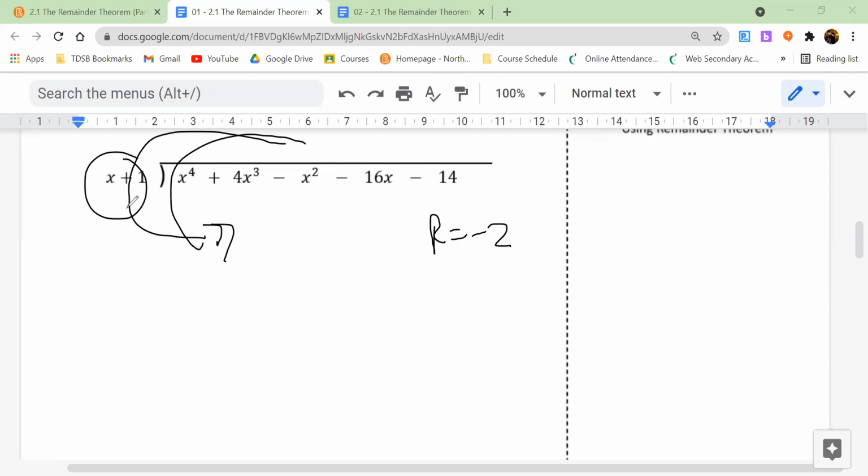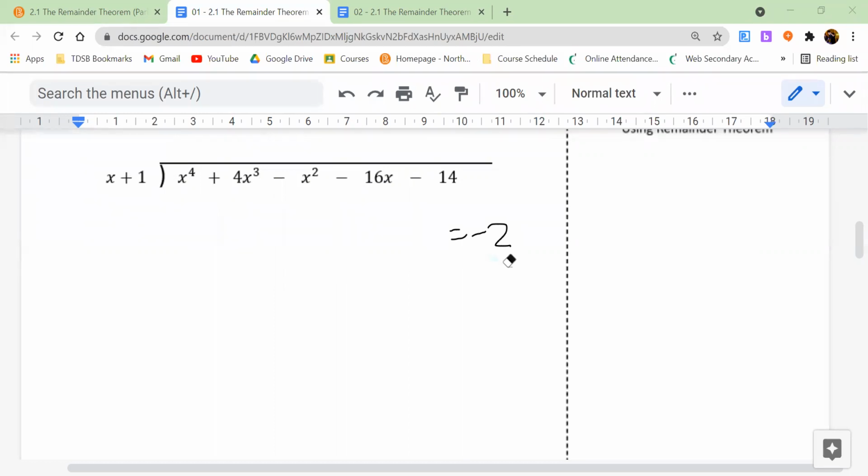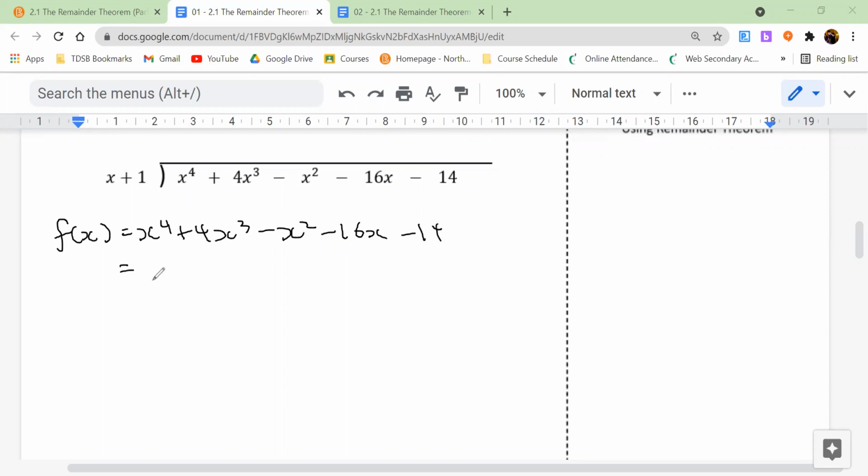What we noticed was, as a pattern, by remainder theorem, if x plus 1 is what you're dividing by, the root of x plus 1 will give you the remainder. Long story short, say that f of x is equal to x to the power 4 plus 4x cubed minus x squared minus 16x minus 14. If you factor this, you get some bracket, x to the power of 3, and so on, and minus 2, right?